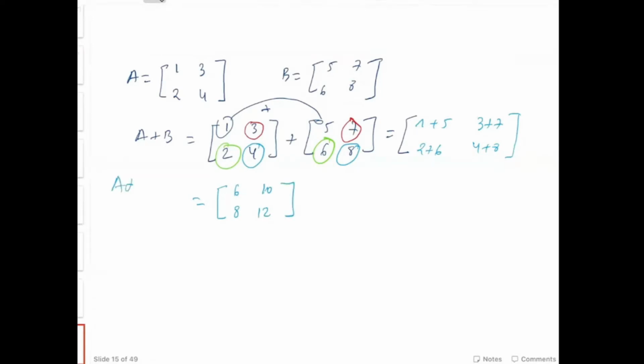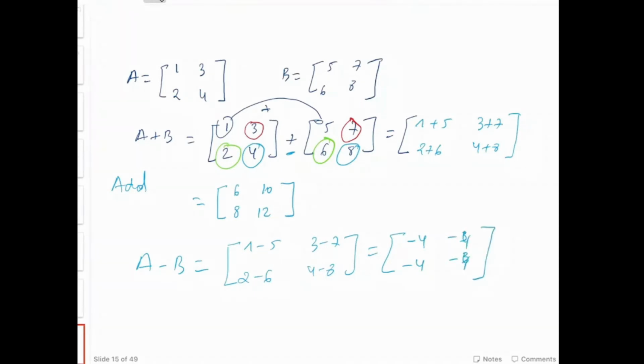This is the addition. In the same way, we can do A minus B, and then we just change the plus sign with a minus sign. And what we have is 1 minus 5, 2 minus 6, 3 minus 7, 4 minus 8, and then our new matrix will be minus 4, minus 4, minus 4, minus 4.